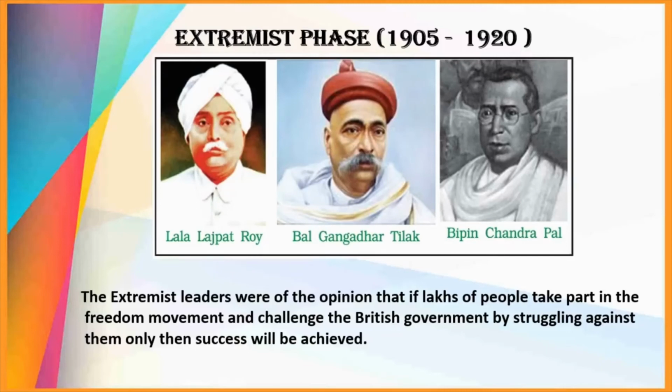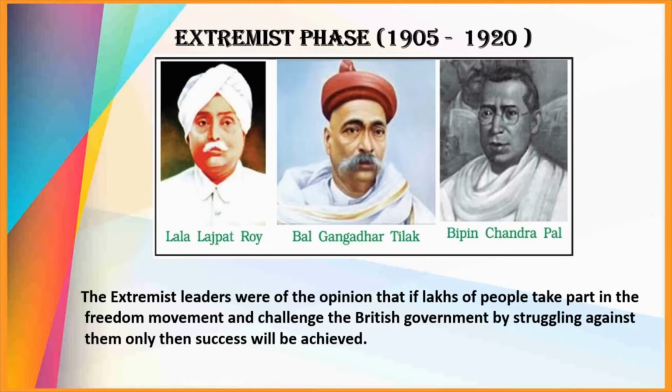Moderates and extremists were unanimous, meaning together they thought about and worked for the objectives of Indian National Congress. But they had differences regarding the methods to achieve it. They advocated intensification of the struggle since the British did not respond to petitions and appeals.